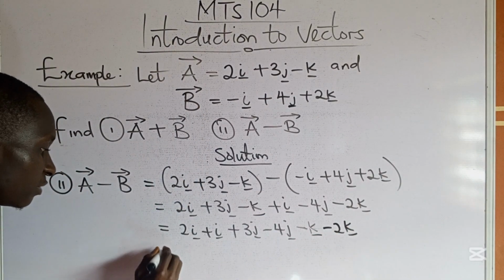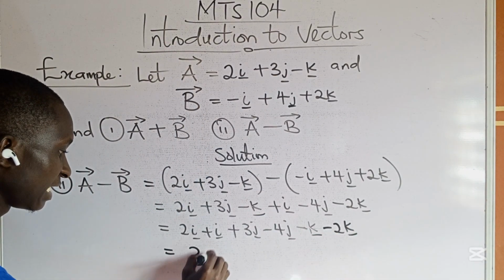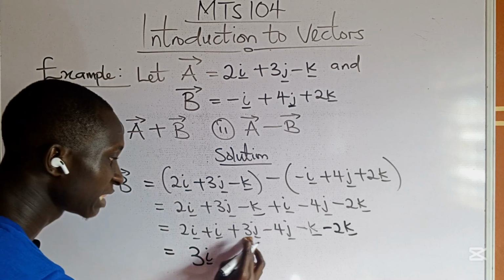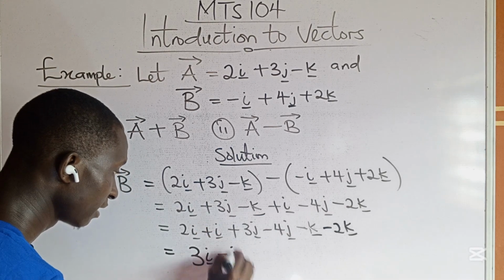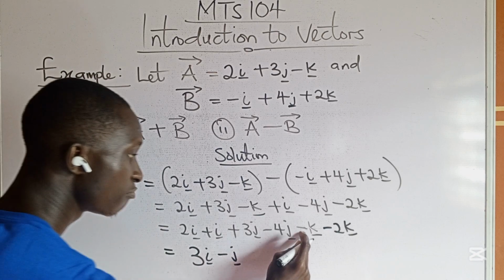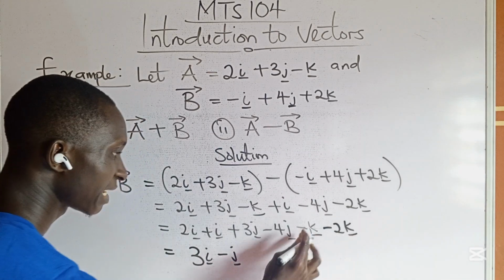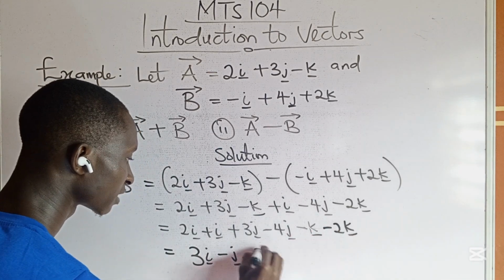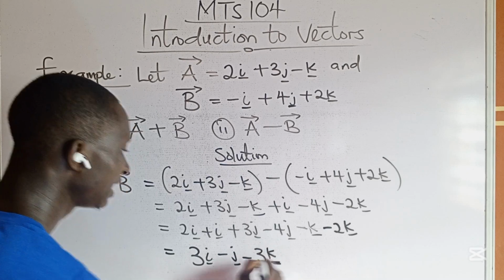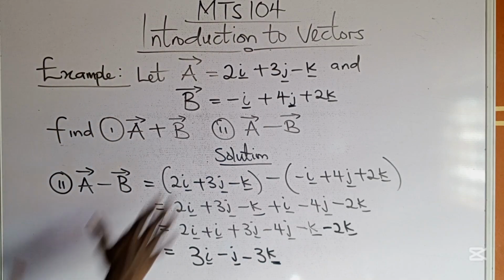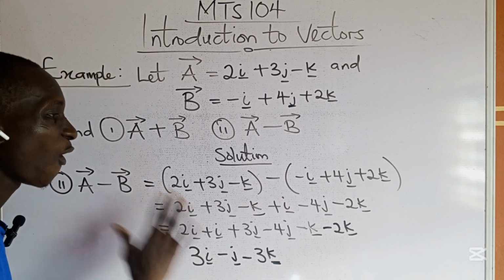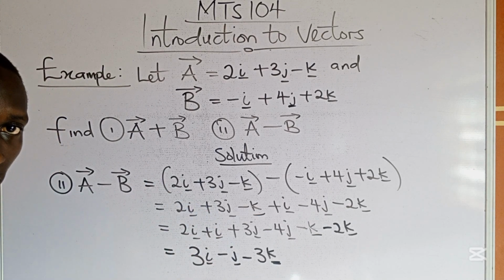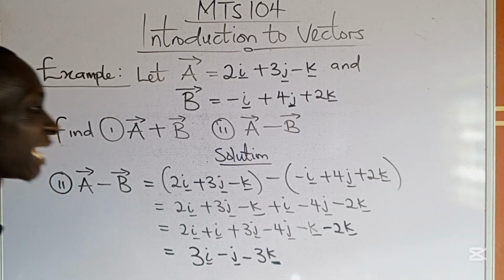Now, when we add this up, it becomes 3i, right? Now, 3 minus 4 becomes minus 1, which is minus j. Don't forget 1 is there. Then minus k minus 2, that's minus 1 minus 2 becomes minus 3k. So this is how we add and subtract vectors based on their components. Is that clear? So this is how we add and subtract vectors.